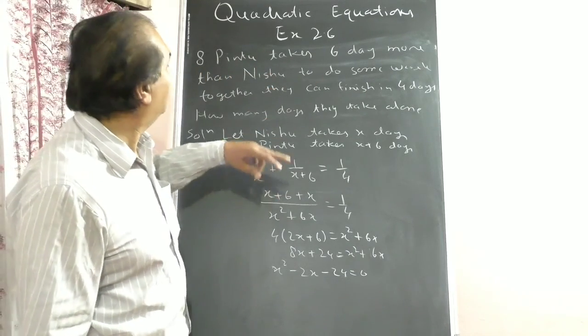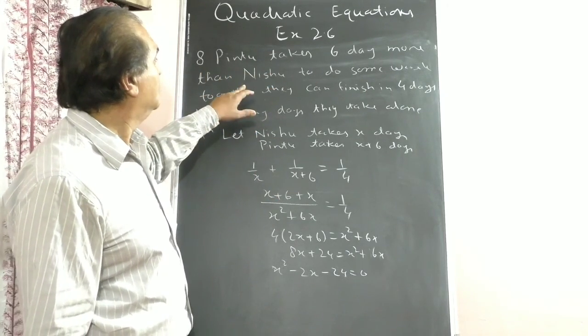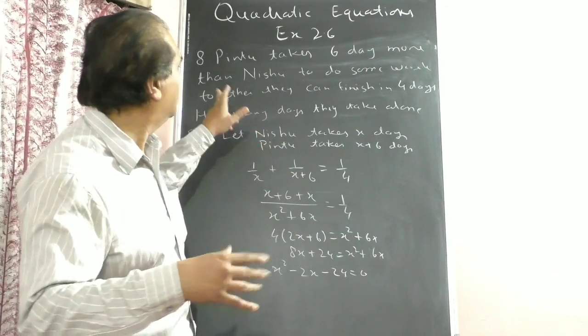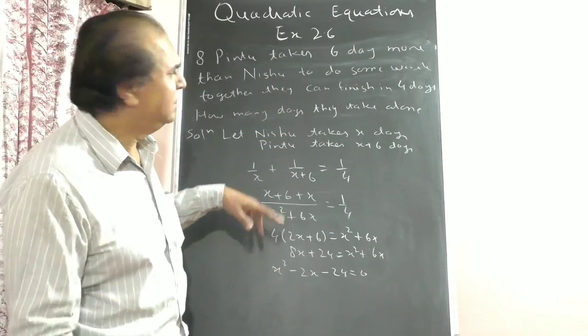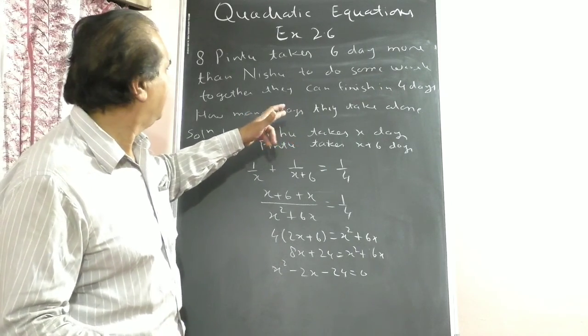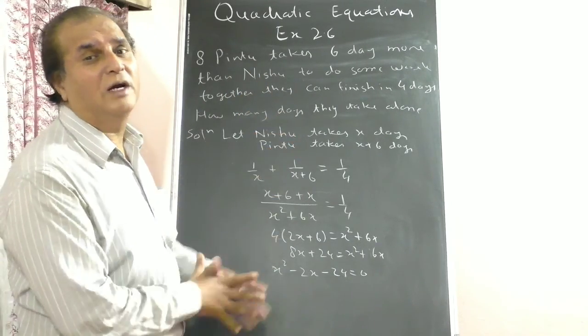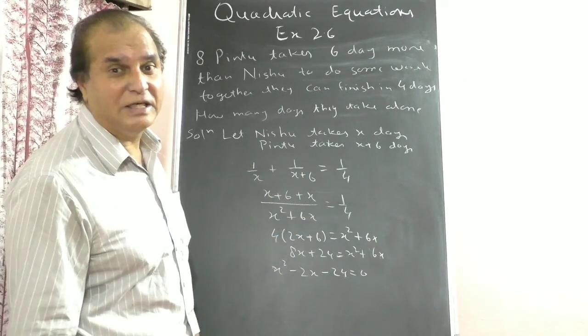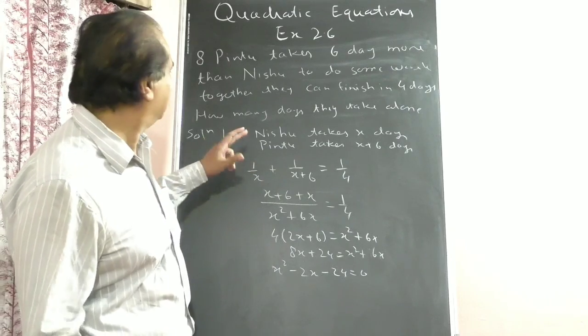Pintu takes 6 days more than Nishu to do some work. Some work is given to both Nishu and Pintu. Nishu is very fast, does it in few days, whatever, 10 days. Pintu takes 6 more days, very slow person. 10 plus 6, 16 days, suppose.